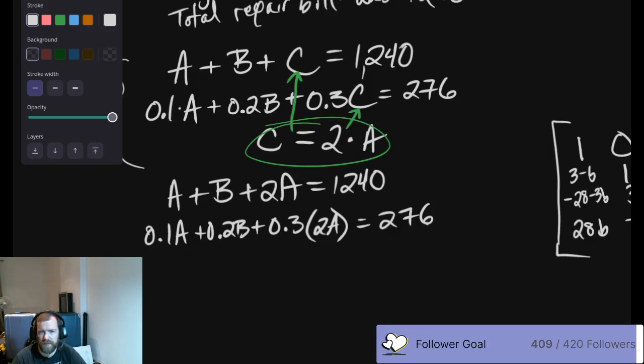Okay, 0.3 times 2a is going to be 0.6a plus 0.1a is 0.7a plus 0.2b equals 276.